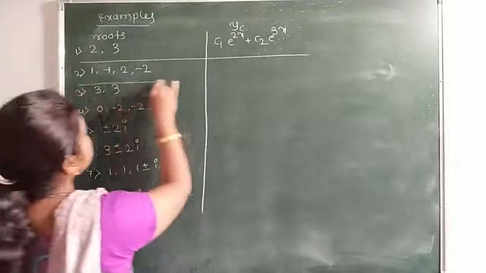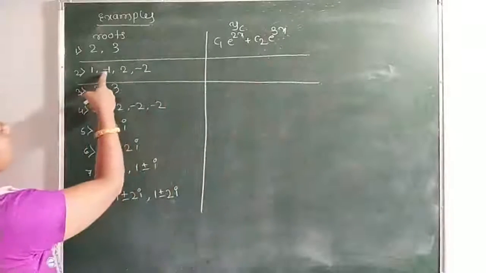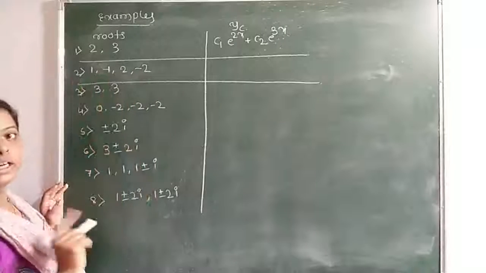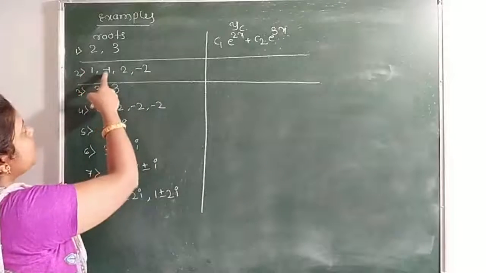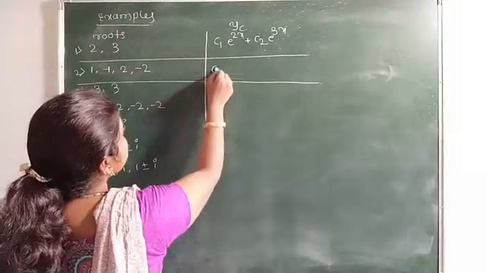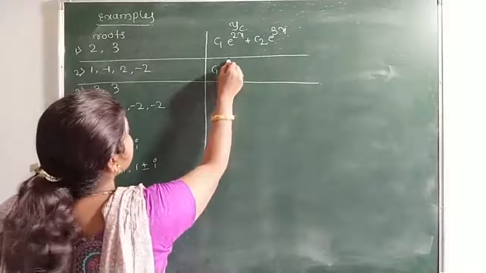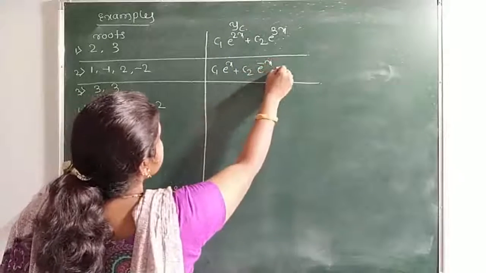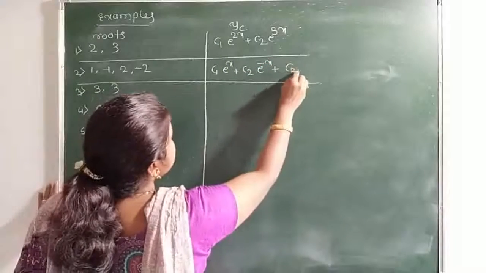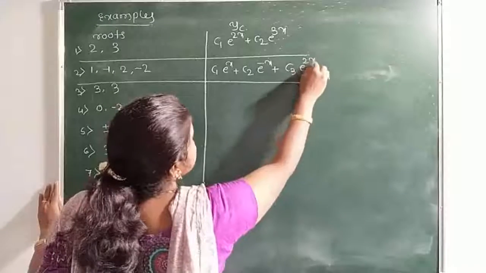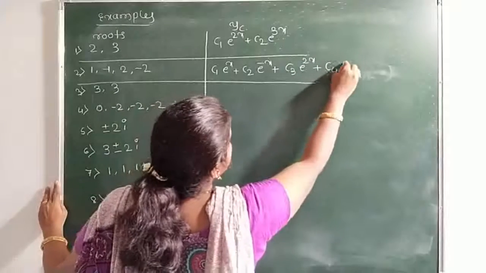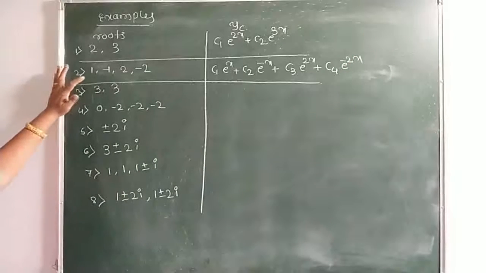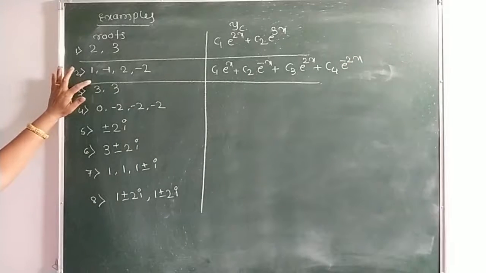Now, second one: 1, minus 1, 2, minus 2. All the roots are different because plus and minus are there. That's why c1 e to the power x plus c2 e to the power minus x plus c3 e to the power 2x plus c4 e to the power minus 2x. This is a biquadratic equation, so we get 4 roots.